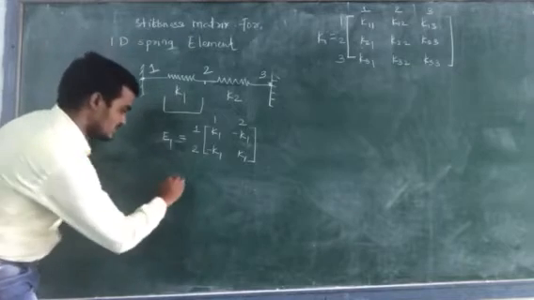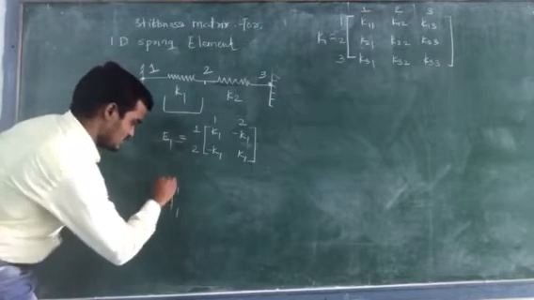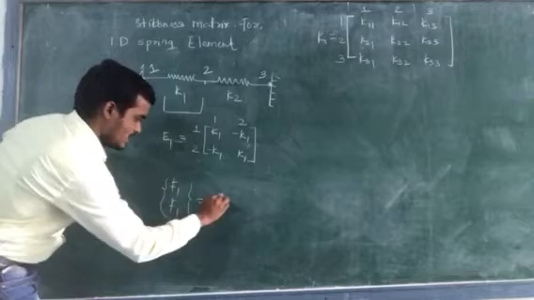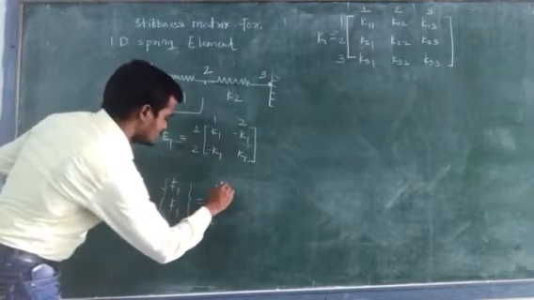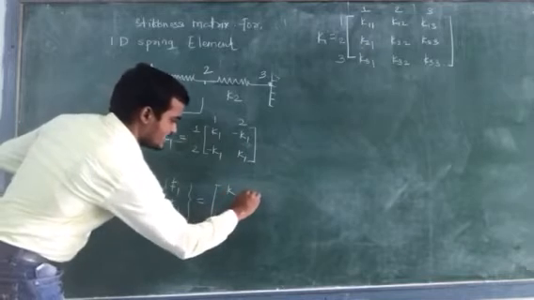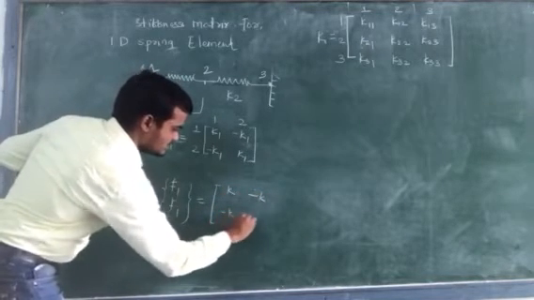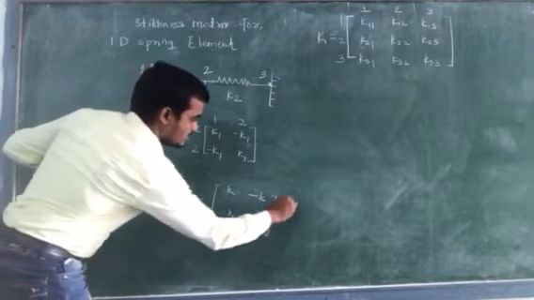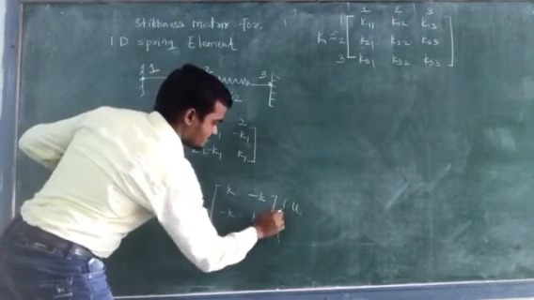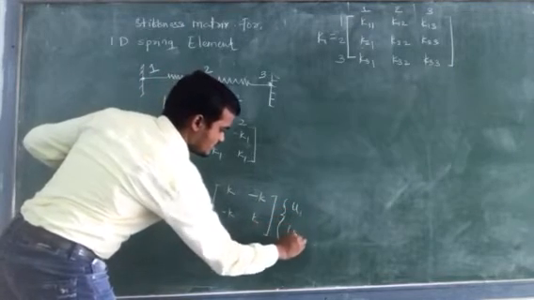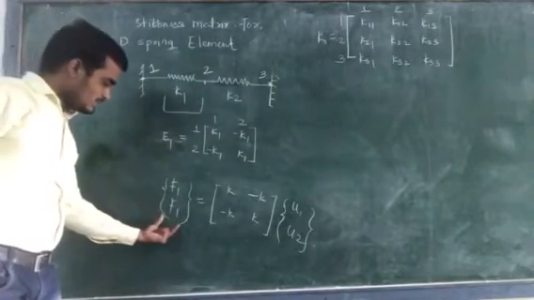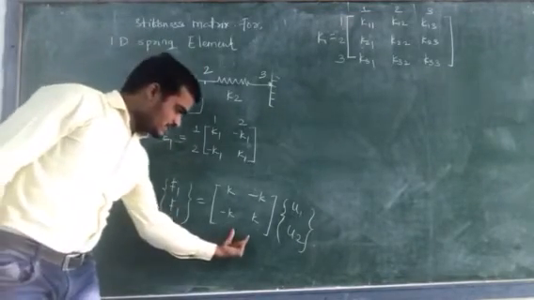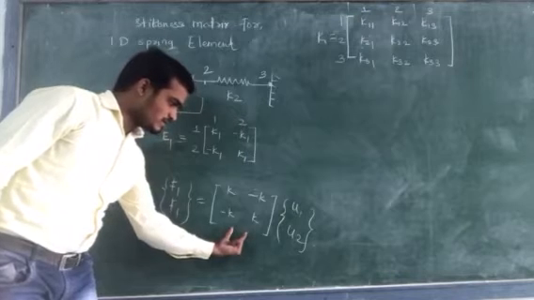Because we have derived this, we have written this stiffness matrix for one dimensional spring element as K, minus K, minus K, K, into U1 and U2. Okay, so this is the stiffness matrix for one dimensional spring element.